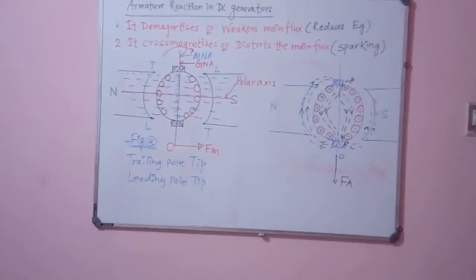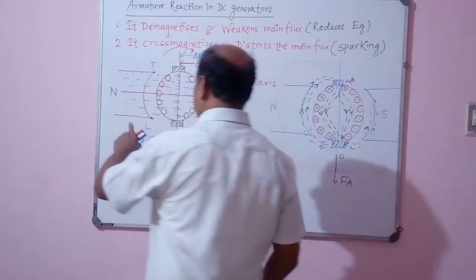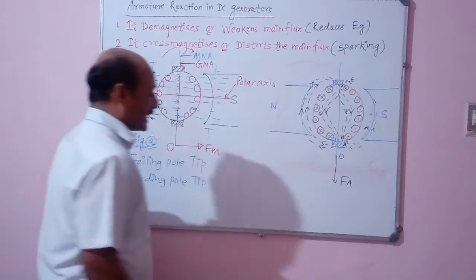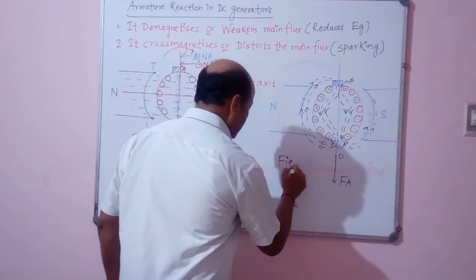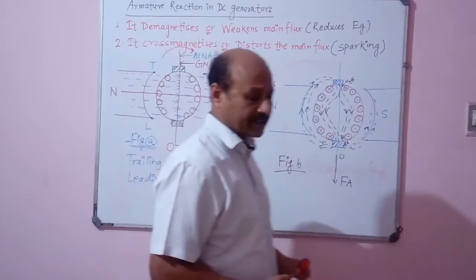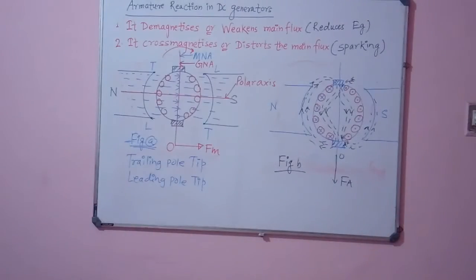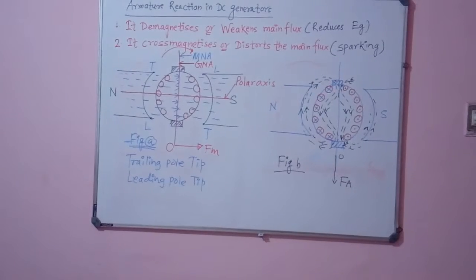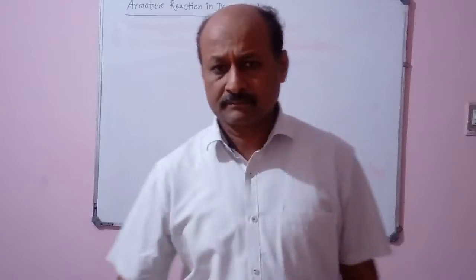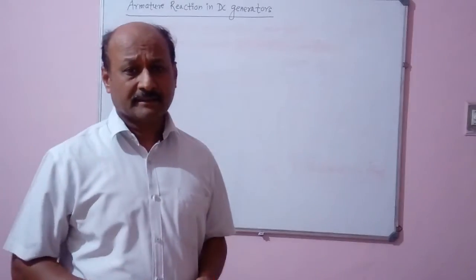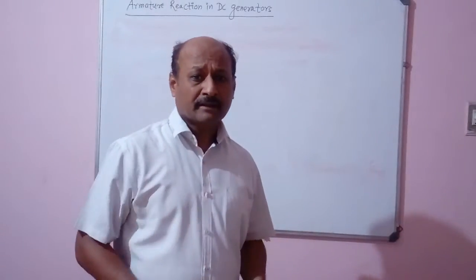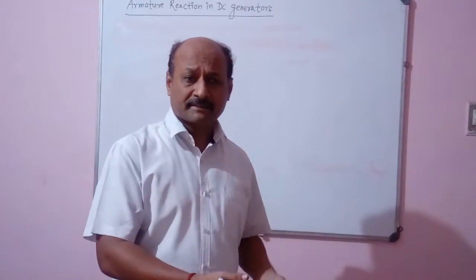So try to draw this diagram. Figure A shows only the magnetic field, with no armature current, and figure B shows only the armature current and no main magnetic flux. But in a DC generator, the armature conductor never carries current separately, and there is never only the magnetic flux.